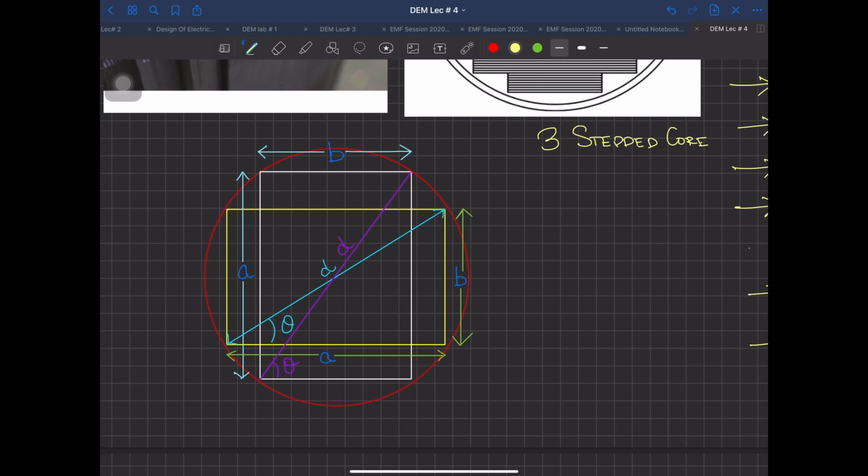When I am talking about the core over here, the two steps have some dimensions, as you can see, A and B. This red color one is going to be the circumscribed circle.